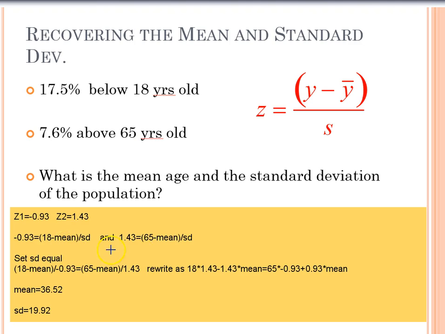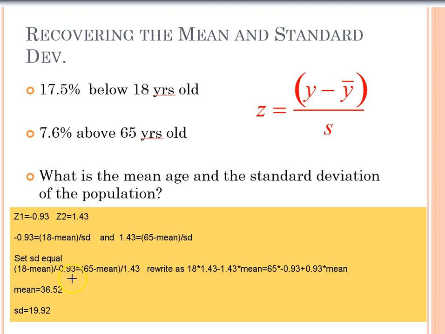When you have two equations and two variables to solve for, you're going to need to set one of them equal. So we rewrote this first equation and the second equation in terms of the standard deviation and just set the standard deviation equal. So here you can see we've eliminated that standard deviation because we set the two equations together.